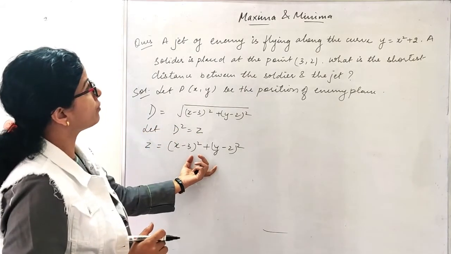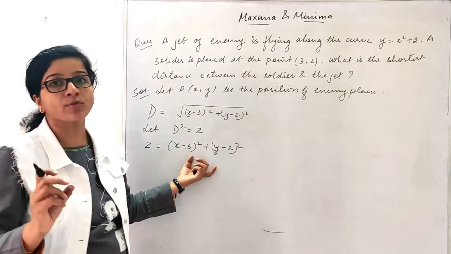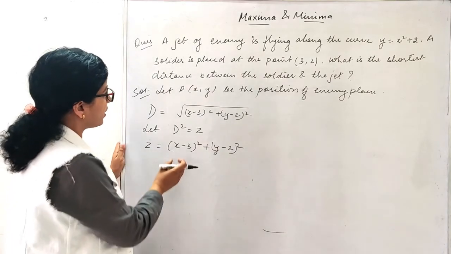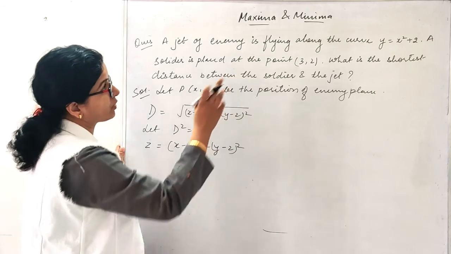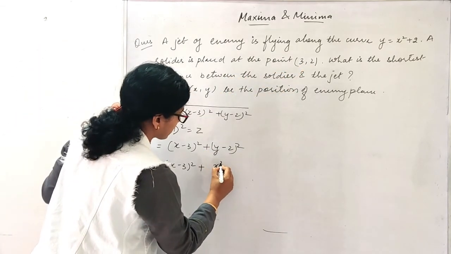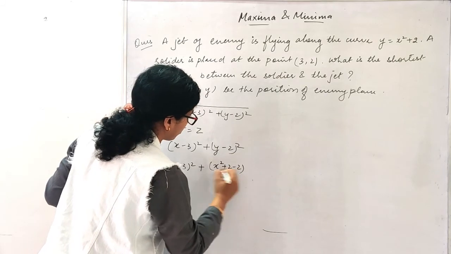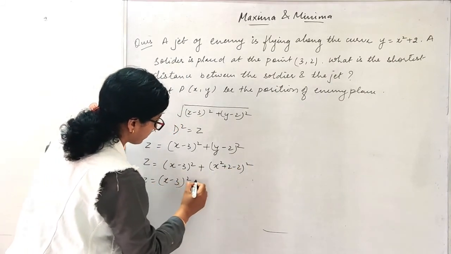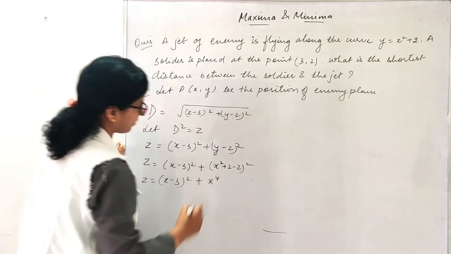Now I have to find the shortest distance, which means I have to find the minimum distance, correct? I have two variables, so I will convert into one variable using the curve equation. So I can write (x square plus 2 minus 2) whole square. So z is equal to (x minus 3) whole square plus x to the power 4, right?